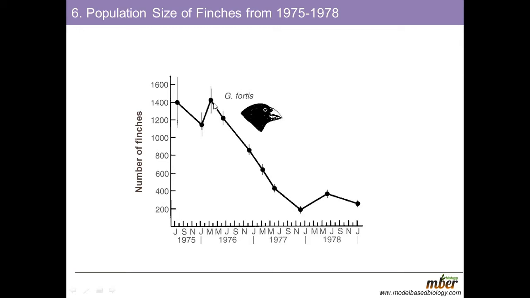But in the dry season, the population decreases. And you can see these trends in 75 and in 77, but not in 76 because the wet season just never happened. So the key thing here is when the population dropped. It dropped going into 1977. Yeah?